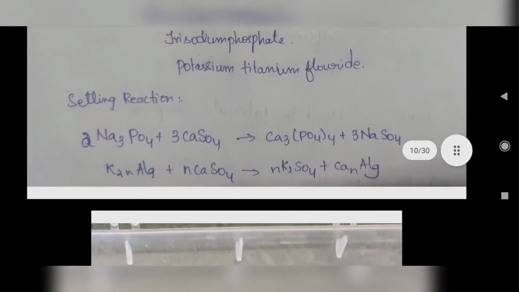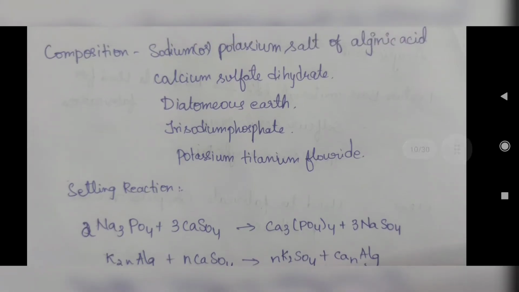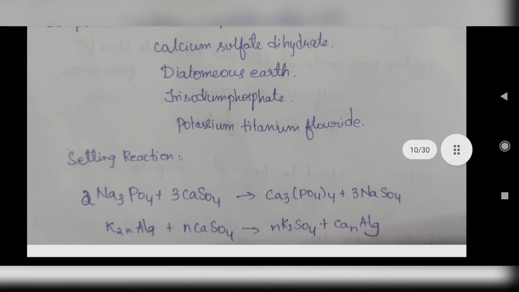In the setting reaction, trisodium phosphate reacts with the calcium sulfate which is present, and it forms calcium phosphate. So it retards the reaction. After the completion of trisodium phosphate, the potassium salts of alginate react with calcium sulfate and the reaction takes place.